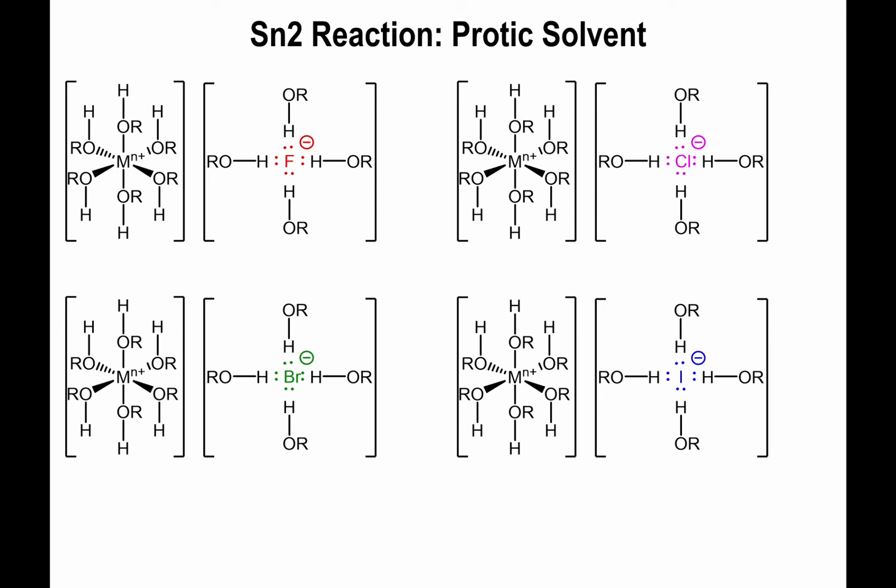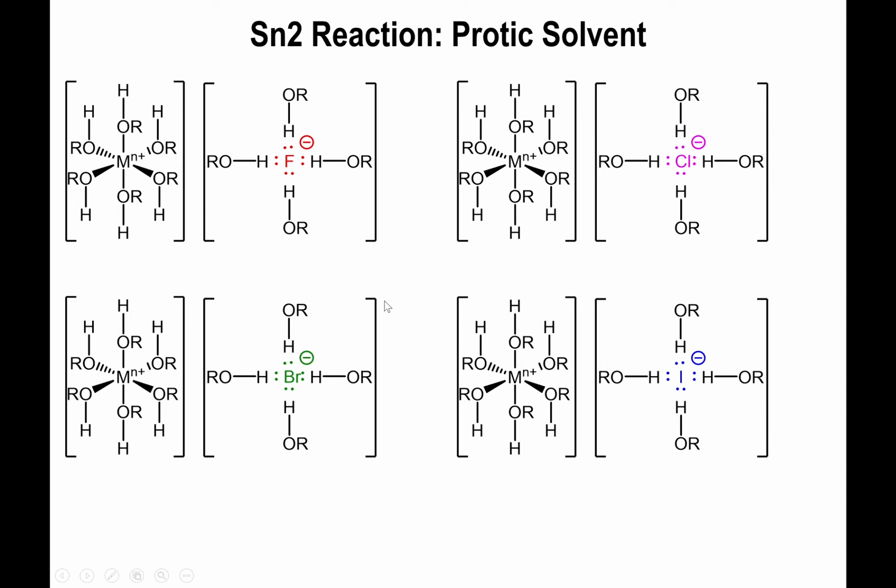But before I get to that, one specific case that I want to highlight is that of the halides. When you use halides as nucleophiles, the idea is that in protic solvents, the cation is going to be coordinated by the solvent, while the anions are going to be interacting with the hydrogens of these positively charged portions of the molecule. And that's going to be true for fluoride, chloride, bromide, and iodide.